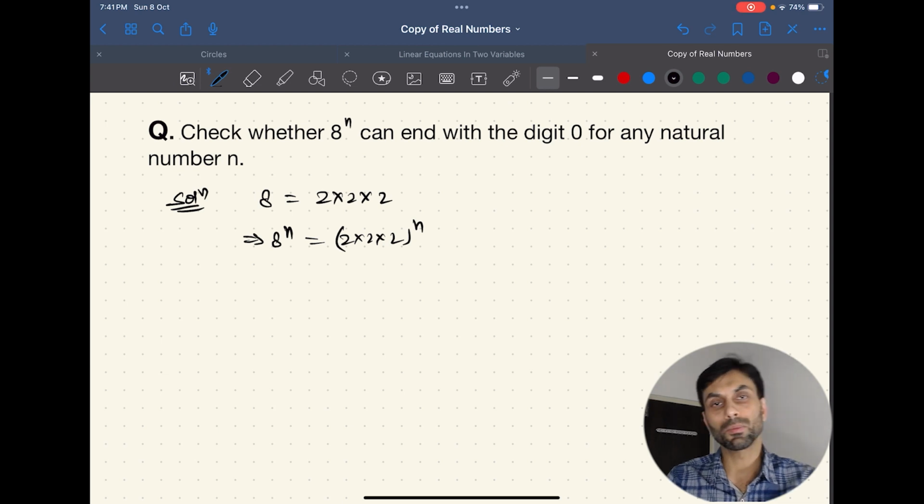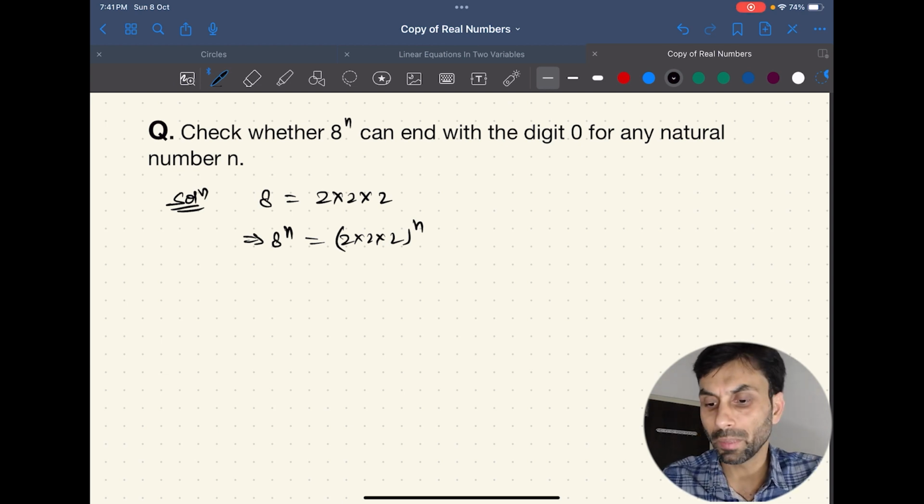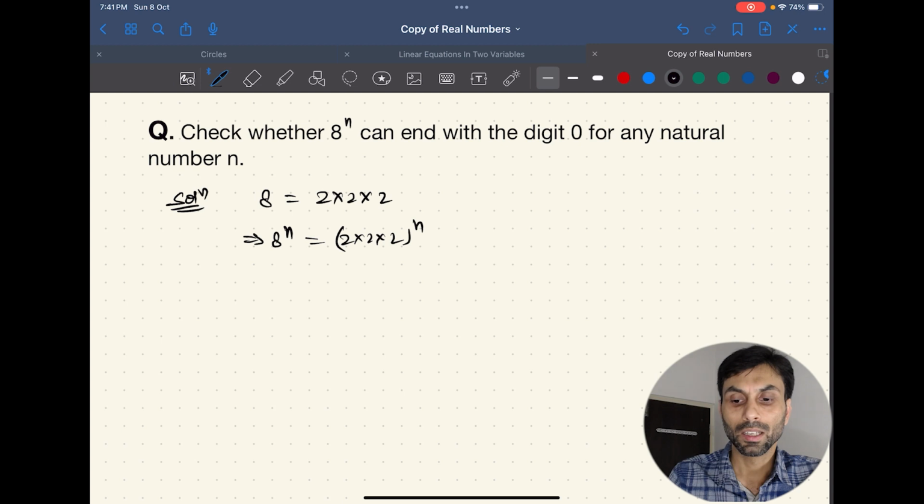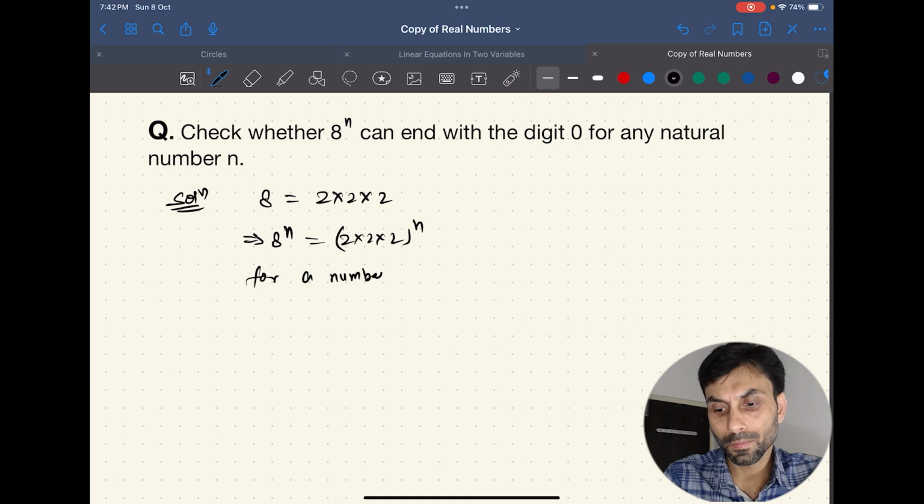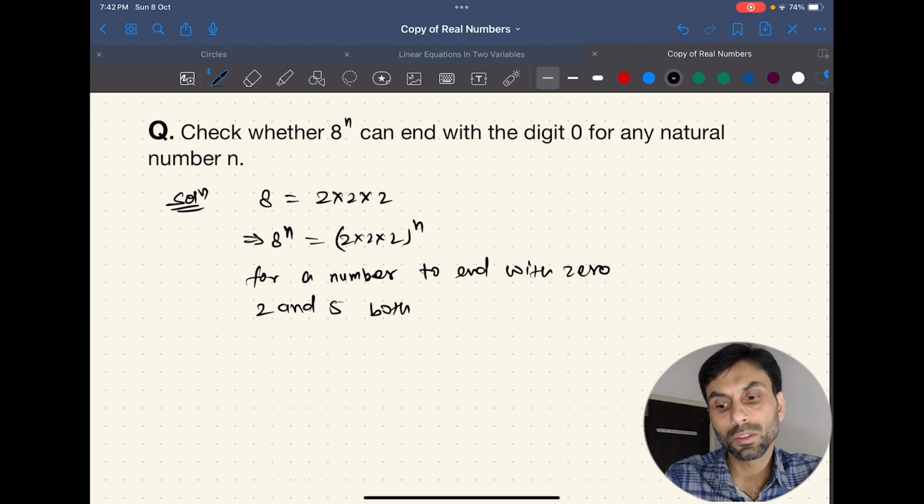Now from the uniqueness in the fundamental theorem of arithmetic, we can say that there is no prime factor in 8 raised to n other than 2. And we also know that for a number to end with 0, 2 and 5 both should be prime factors of it.